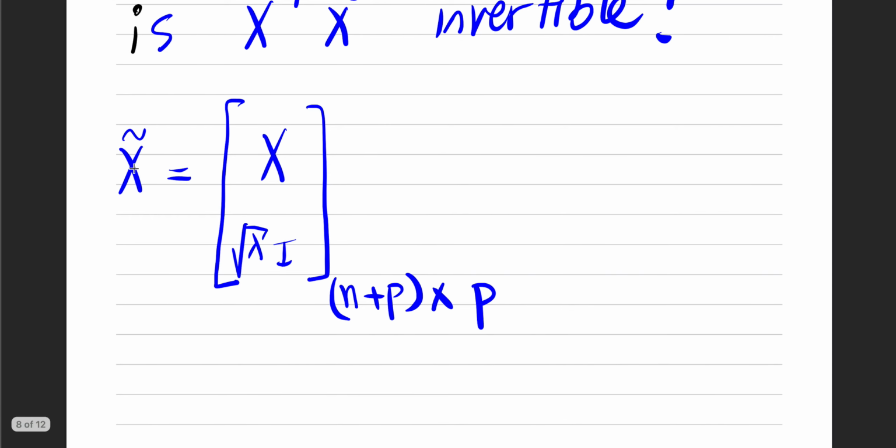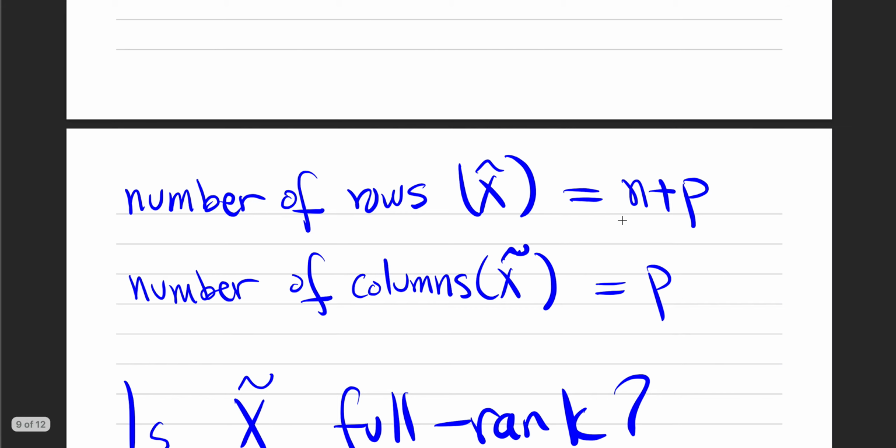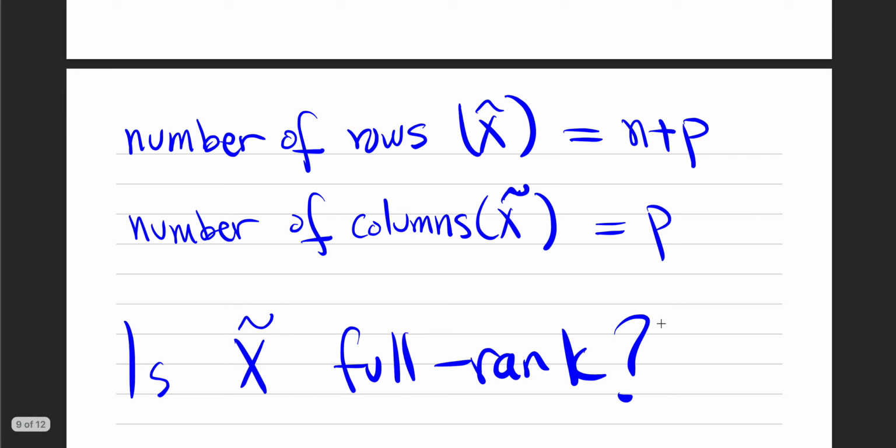Let's look at X tilde. It's a block matrix. It has n plus p rows and p columns. Is this matrix full rank? That's the first question we should be asking ourselves. Full rank means that the columns of X tilde are linearly independent.